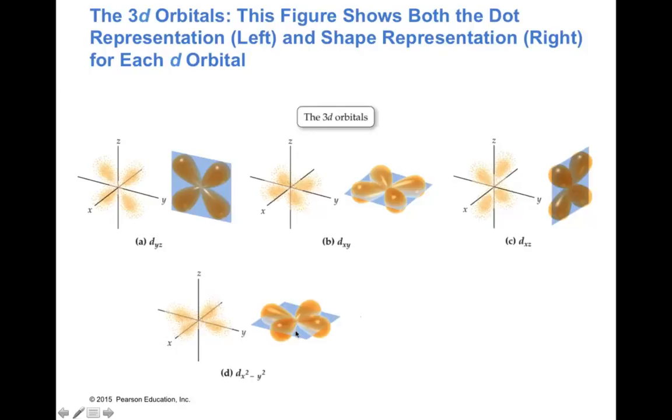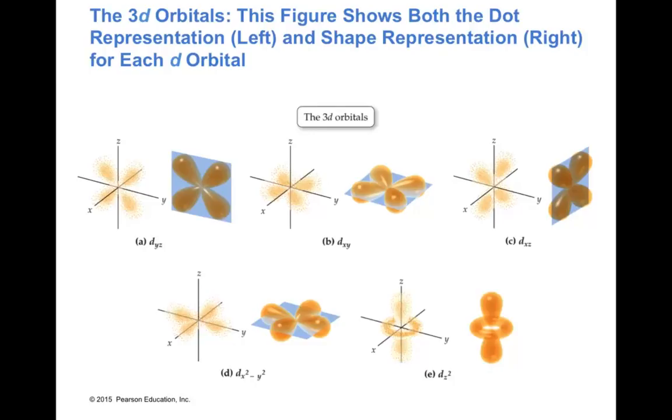Also here you have the node in the middle and the 4 areas of higher probability to find the electrons. And this one has a donut in the middle and a huge p-like orbital along the z axis. So these are the 5 different shapes for the d subshell, the d orbitals.